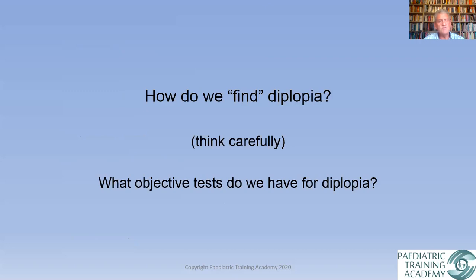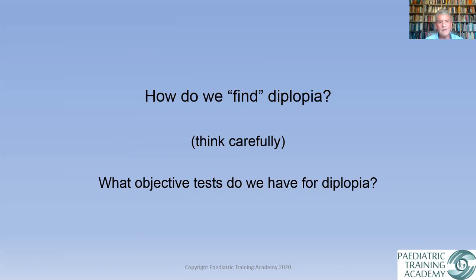How do we, as a profession, find diplopia? Now, I want you to think a little bit carefully about this. You have a patient who's in your chair, who can do exactly what you tell them and can point and do certain things and respond to your questions relating to the test. Where's the green light, whatever the case is. But they can't tell you that they have diplopia or that they are seeing double. How many tests, or what tests, do you think we have to determine whether the patient actually does have diplopia?